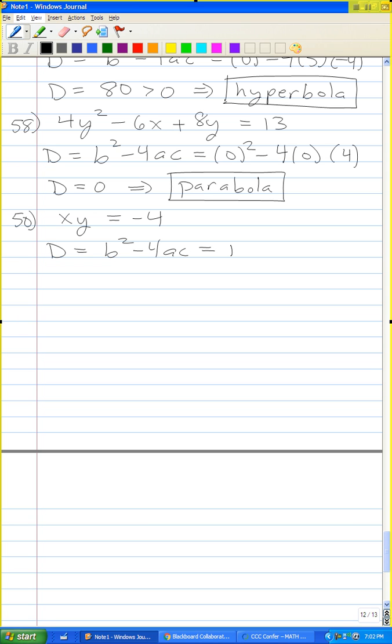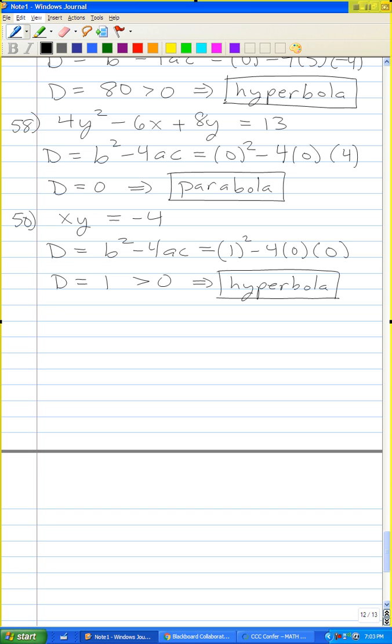Well, b in this case is 1. A is 0. There's no x squared term. And c is 0 because there's no y squared term. And so d is equal to 1, which is greater than 0. And so this is going to be a hyperbola.